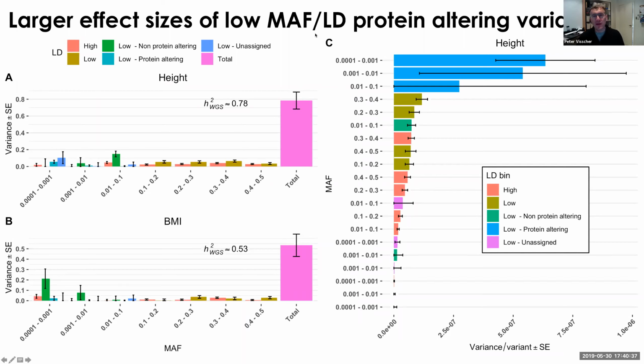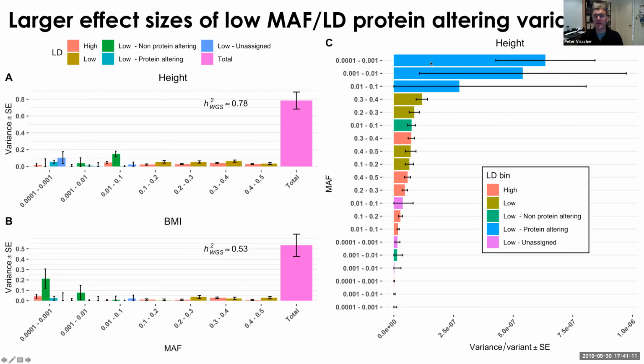So what we did, and that's shown on the right-hand side, is take these variance components and divide them by the number of variants in each of these groups. So that is essentially an estimate of the average effect size, or enrichment of the effect size, of different annotations. And what's shown on the right-hand side, although the standard errors, as you can see, are huge, is there seems to be a strong enrichment of rare variants that are protein changing, that have the biggest effect.